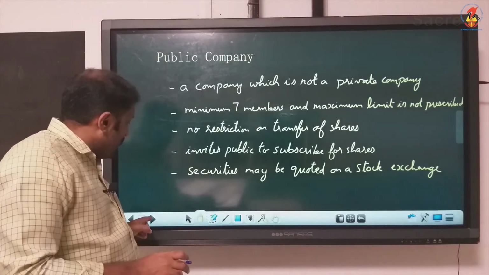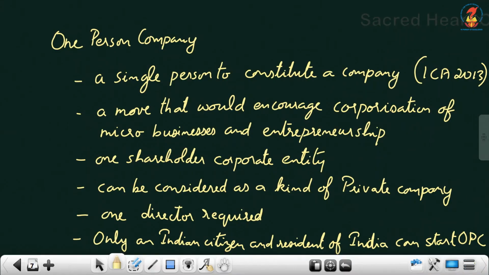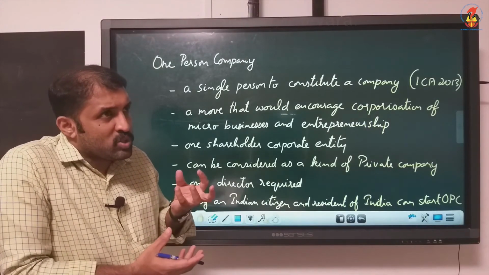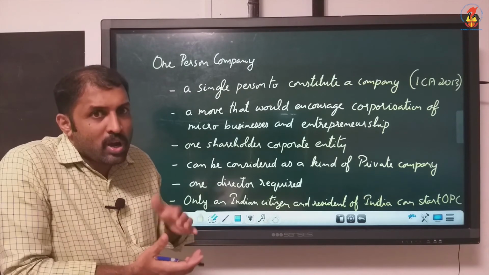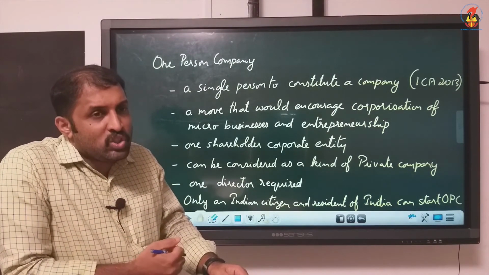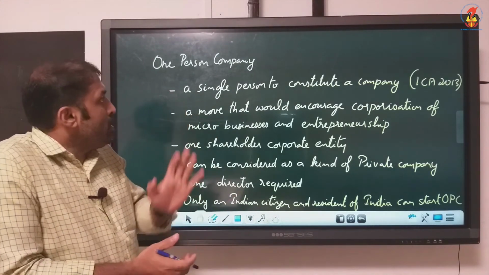Now, as I have said, there is one more type of company. It's of recent origin. The 2013 Indian Companies Act put forward a measure in order to encourage entrepreneurs or small business operators to come forward. That concept is called the one person company.